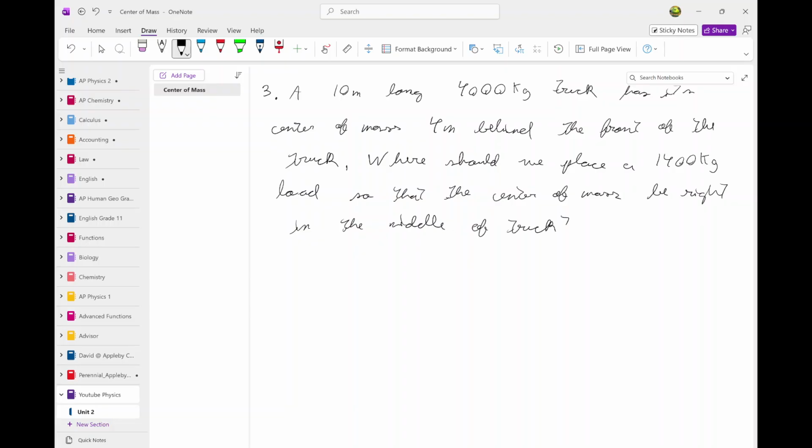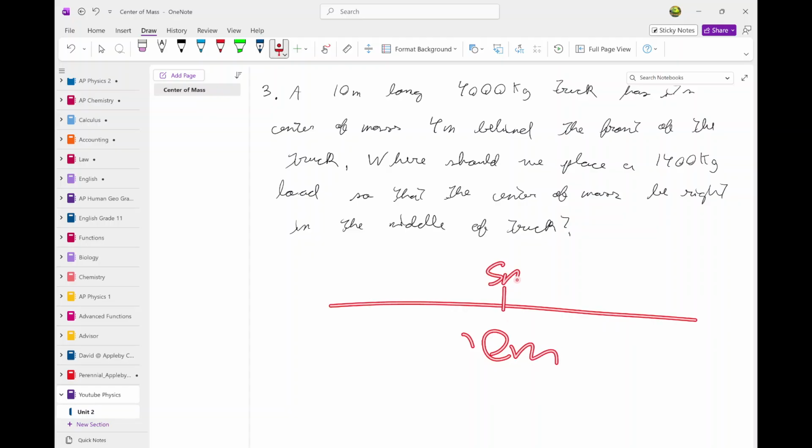So what we mean by that is the middle of the truck. So how long is this truck? 10 meters. So in the middle, it would be 5 meters.